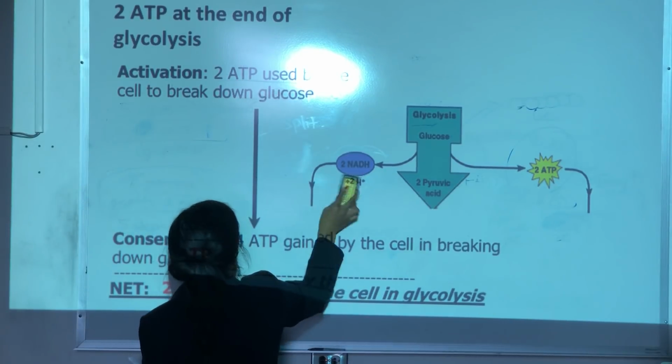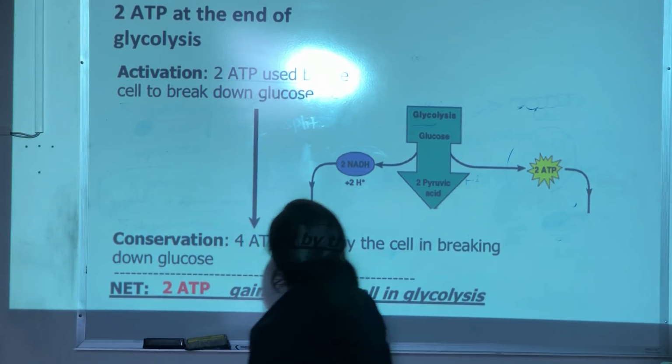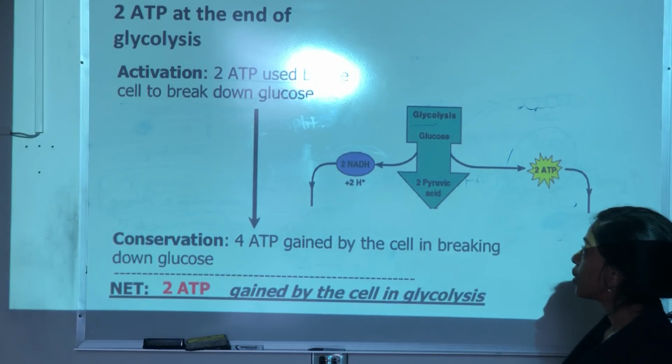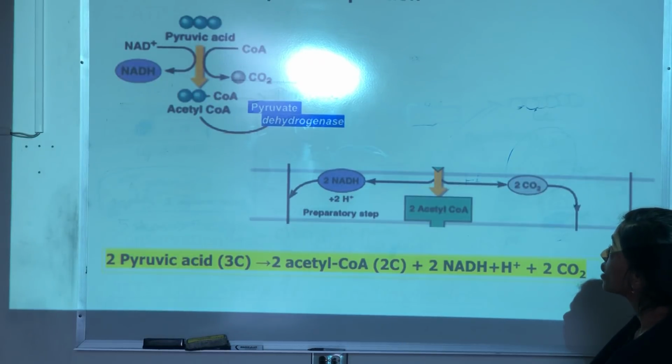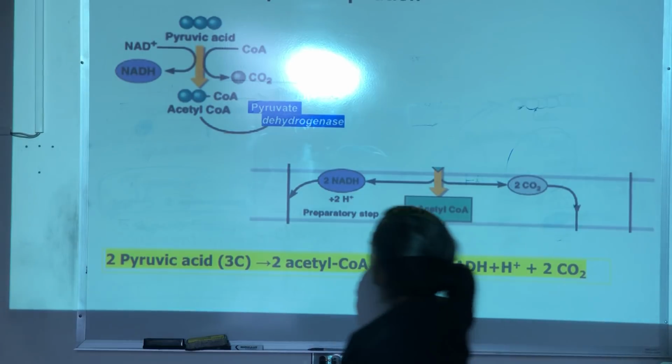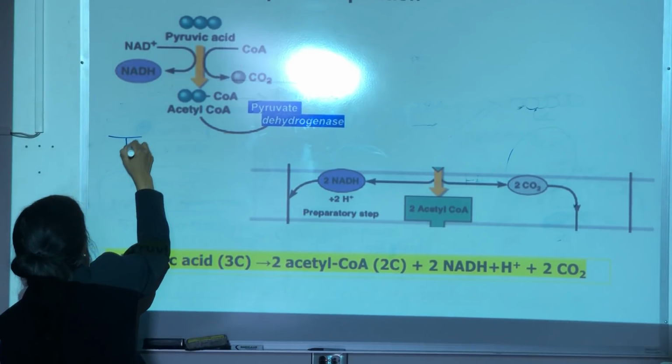After glycolysis, the pyruvic acid will get transferred into the intermediate step, and this step I call a transition step.